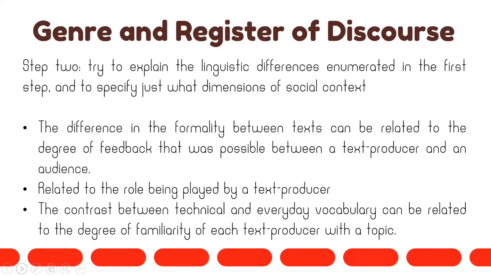And also the last one, we have the contrast between technical and everyday vocabulary, which can be related to the degree of familiarity of each producer with that topic. So yeah, this is all my presentation, and my partner Carlos Nolasco is going to continue.